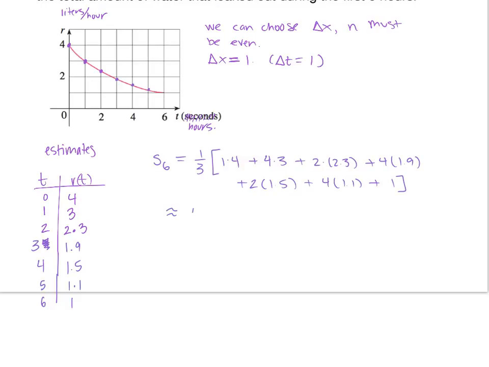That's approximately 12.2 liters. Is that all right? Okay.